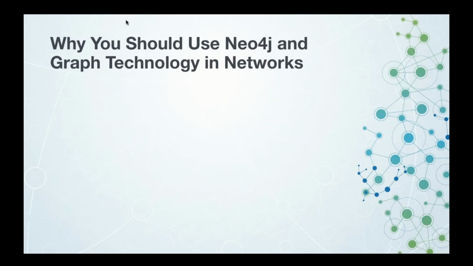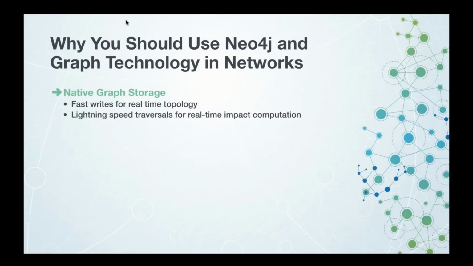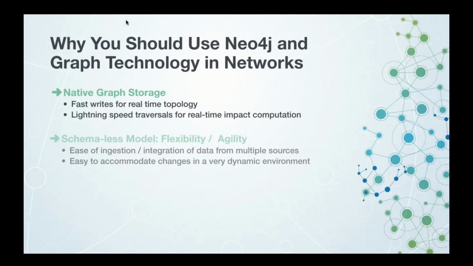Let's talk about the reasons why so many companies choose to use Neo4j in network operations. Well, first of all, because of the native graph storage, which allows fast writes for real-time topology and lightning speed traversals for real-time impact computations. Second of all, the graph model is extremely flexible and agile, and integration and ingestion of data from multiple sources is extremely easy.